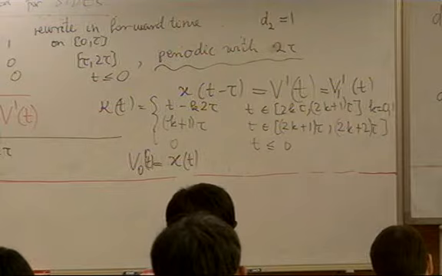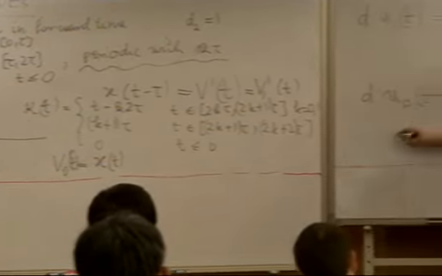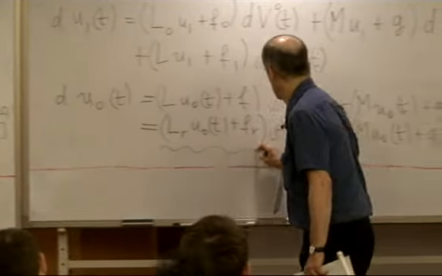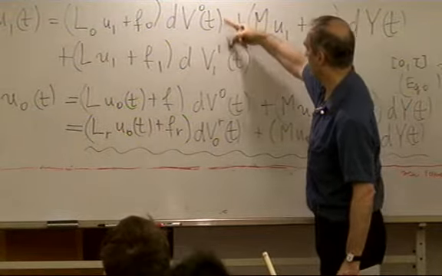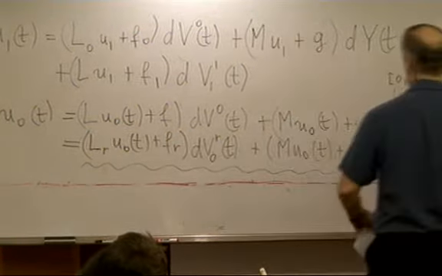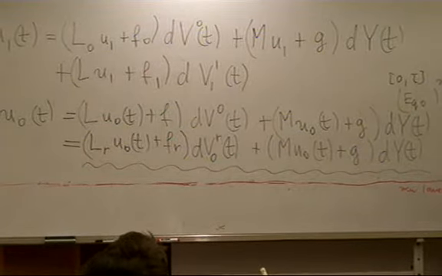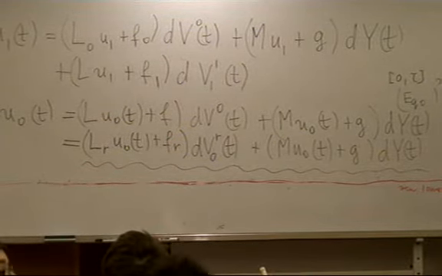In this way, I have written down the equation for u naught in a very similar way as it is written here. So maybe, sorry? Oops. The last line, you have to add the L0 operator.